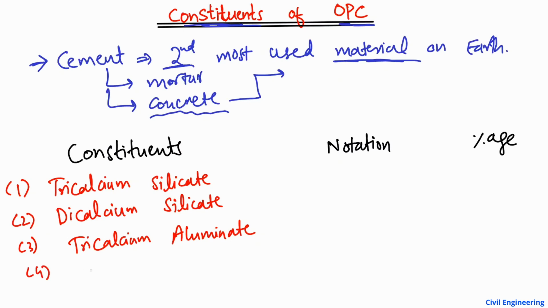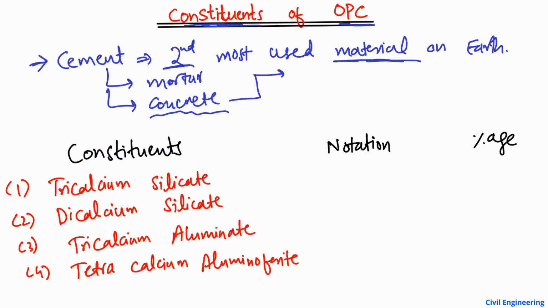The fourth one is the tetracalcium aluminoferrite. So these are four important constituents of the cement. Now we should know their notations, that is, how they are presented technically.